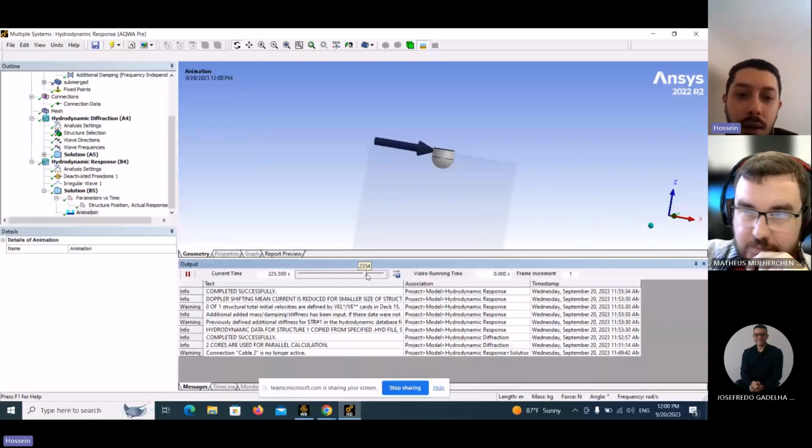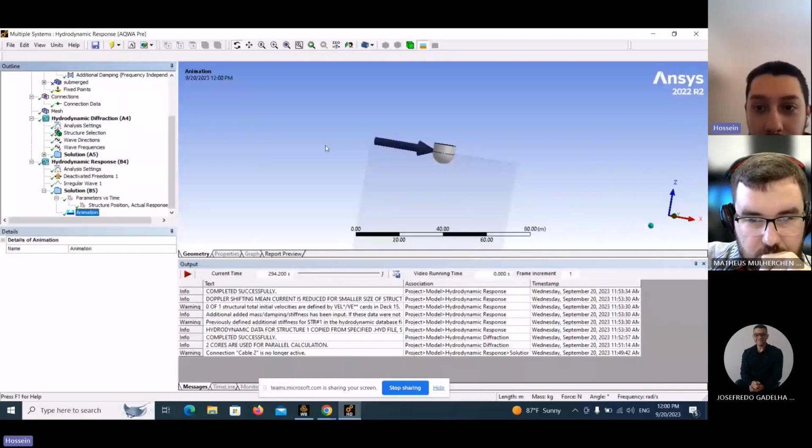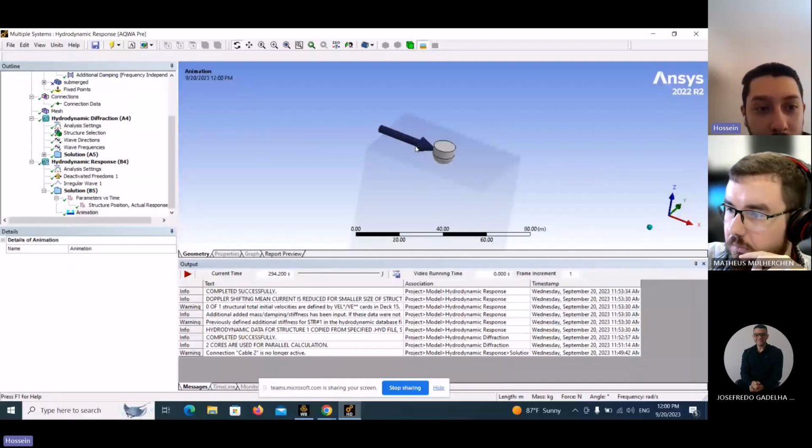Another important thing is when you have, for example, two body wave energy converters in the time domain analysis.